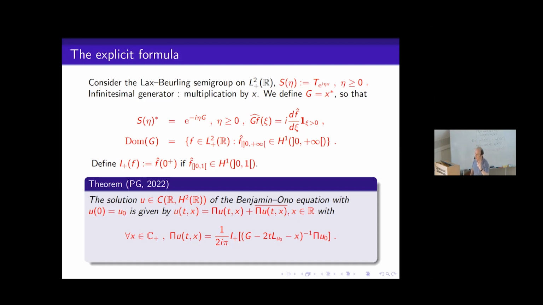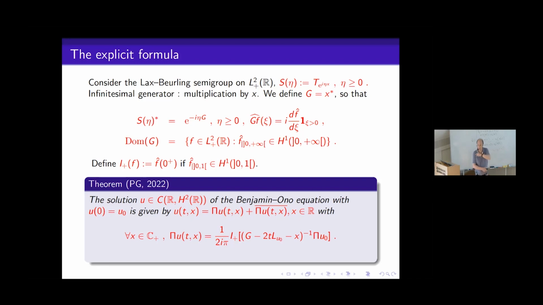And now I'm very happy, because the projection is in the Hardy space. So I can characterize it by computing in the upper half plane, for x in the upper half plane. It's a holomorphic function in the upper half plane. And for such a value of x, what do I do? I take Pi u0, which is the projection of my initial datum, and I apply the resolvent of this nice operator.